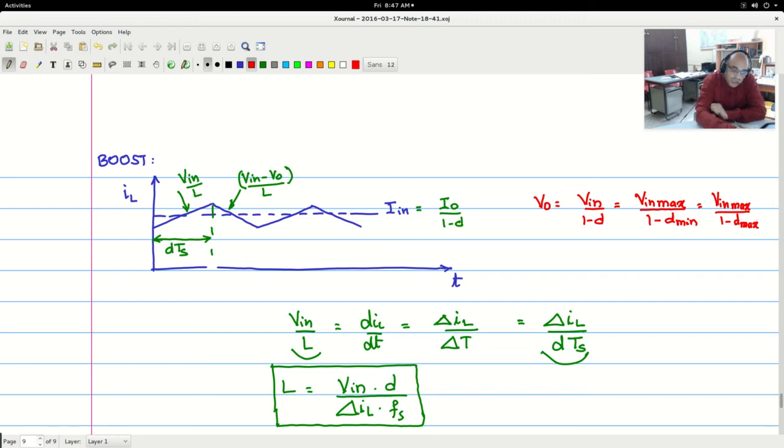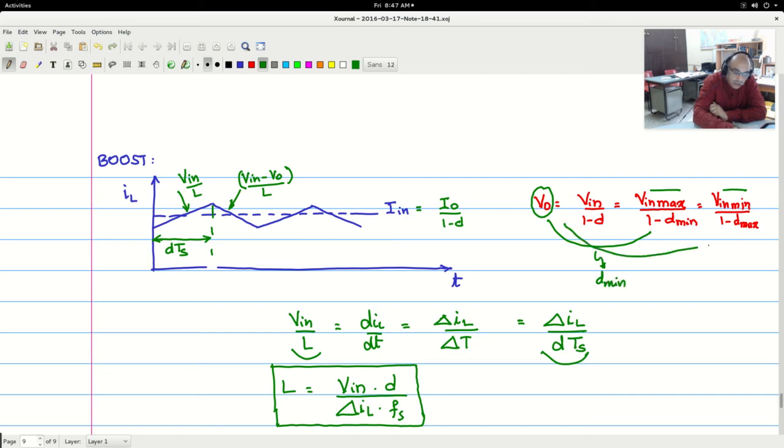So V in max and here it is V in min. V in max and V in min are known from the input spec tolerances, and using these two, V naught is known, it is also a spec, you can find out D min.